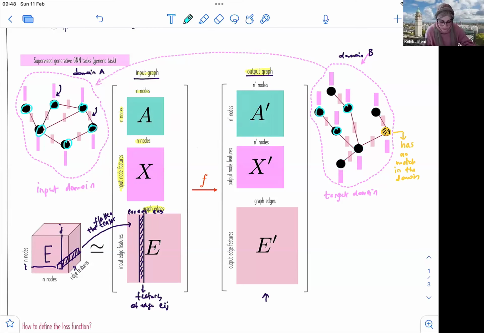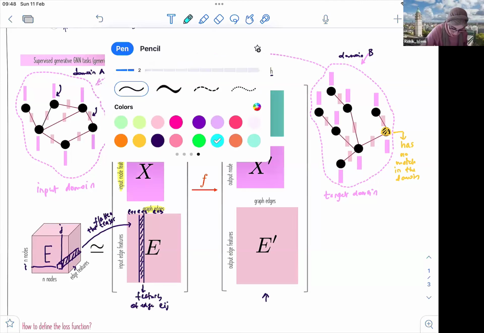So you can see that there are different scenarios, and you don't have to have matching or parity between these nodes. You can take a graph and, in a very generic way, try to predict a different graph with different nodes, different edge types and different feature types. So here, basically, this is the generic formalization.